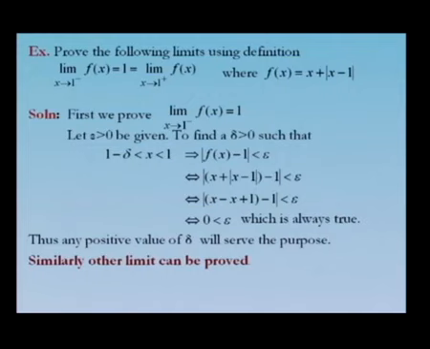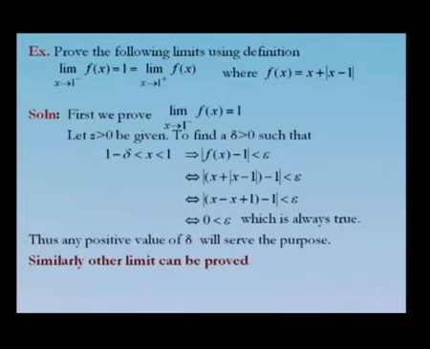Now let's take some example. We will prove these limits using the definition. So prove the following limits using the definition. Limit x tends to 1 minus f(x) equals 1 equals limit x tends to 1 plus f(x), where f(x) is x plus mod x minus 1. So first let's prove the left hand limit, which is 1. So let epsilon greater than 0 be given.